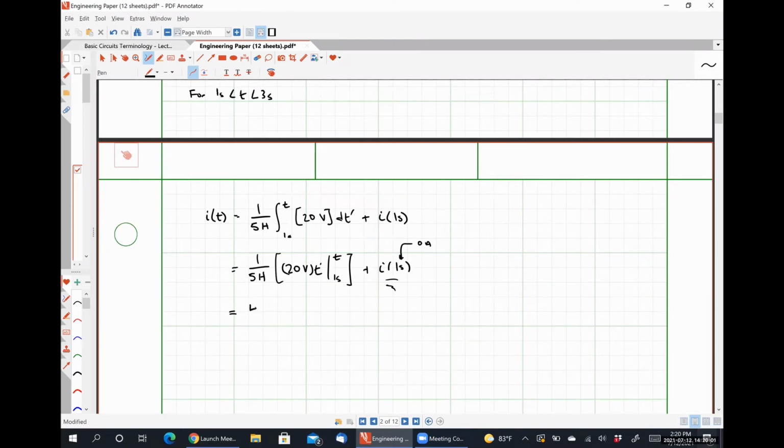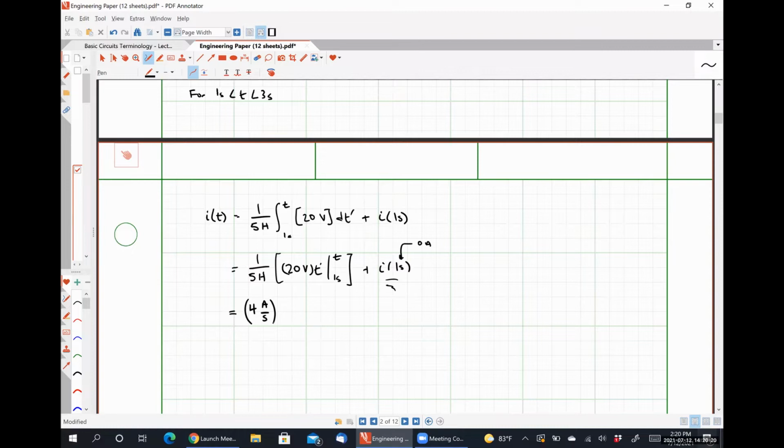Why are you going from 1 second to time t instead of 3 seconds up there? Fantastic question. The reason I'm doing it from 1 second to time t is because I want to know how this guy behaves over that interval.